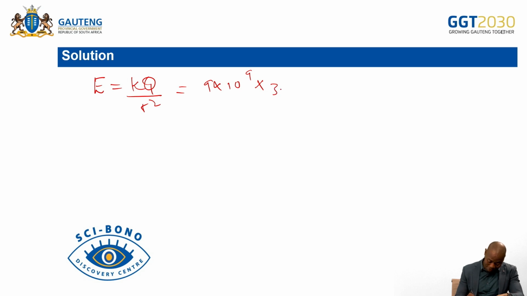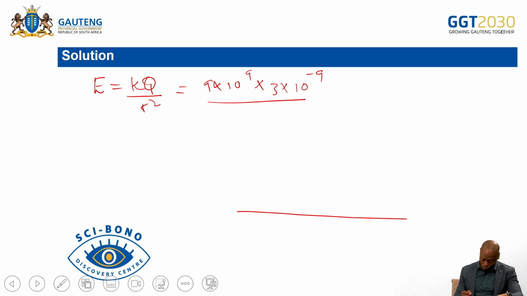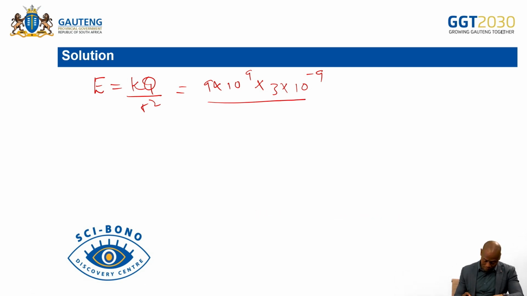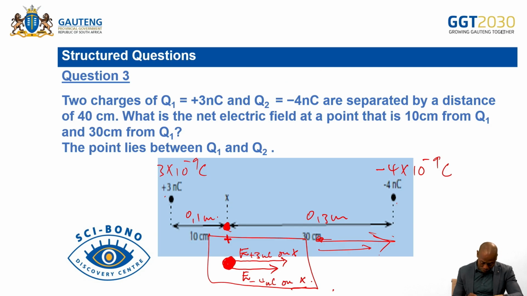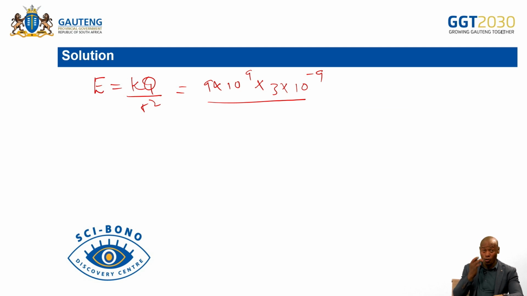Obviously, it's going to be what? 3 times 10 to the power negative 9. What is the distance between 3 and point X? It is 10 centimeters, which is 0.1 squared. Right? Then you'll get your answer there.